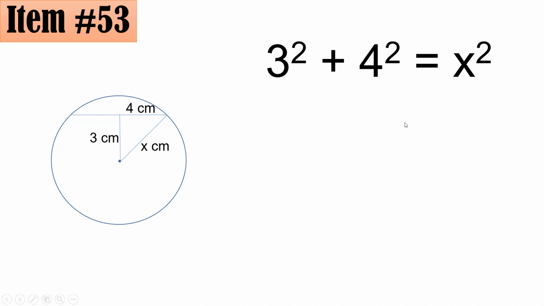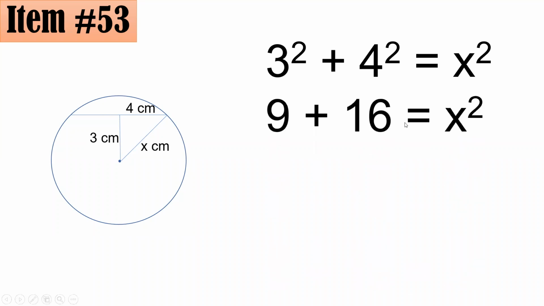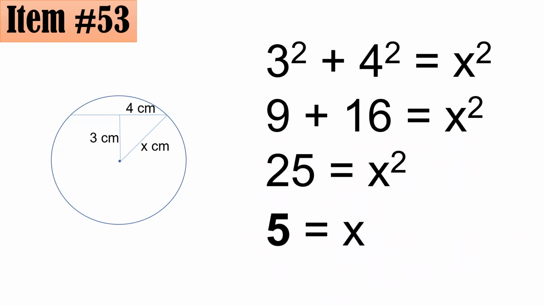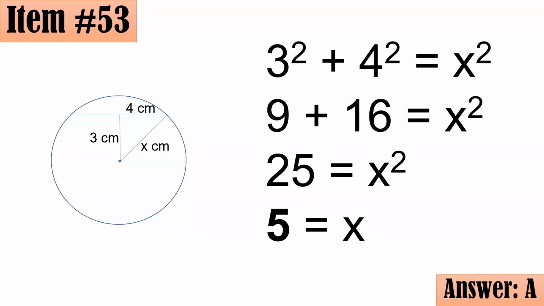And also, 3 squared is 9, 4 squared is 16 equals x squared. 9 plus 16 is 25, so 25 equals x squared. And let us take the principal square root or the positive square root only because there's no such thing as a negative length here. X here is actually plus minus 5, but we only want the positive value. So we get x equals 5, and hence the radius of your circle is 5 centimeters.